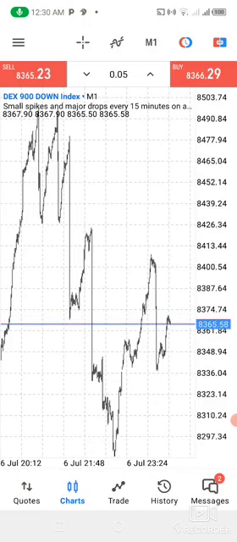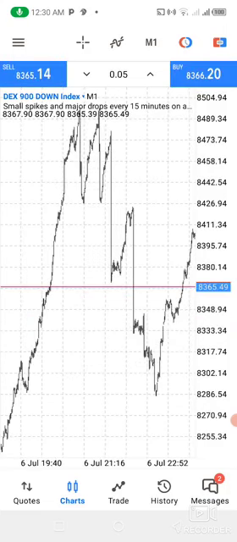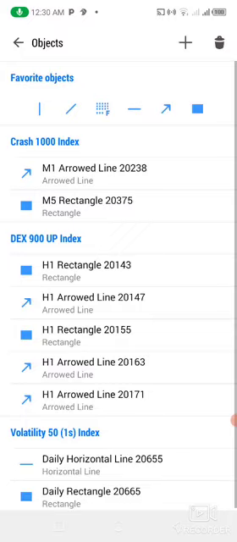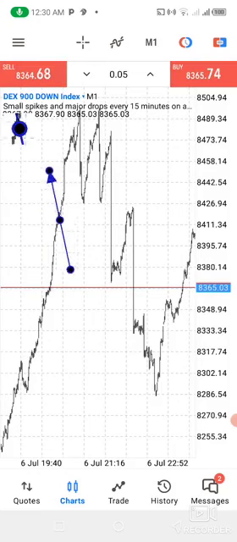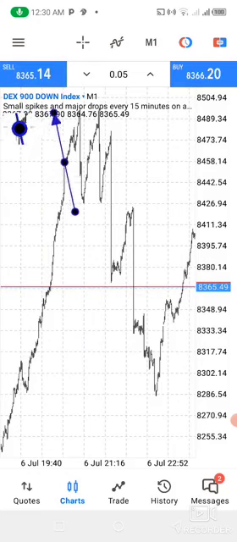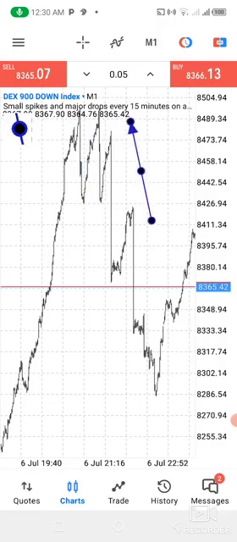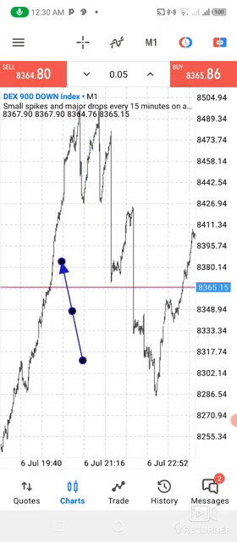We have two types of DEX 900 index, one for down, the other for up. Now, what is the meaning of DEX 900 down index? What does it mean? It means small spikes and major drops every 15 minutes.